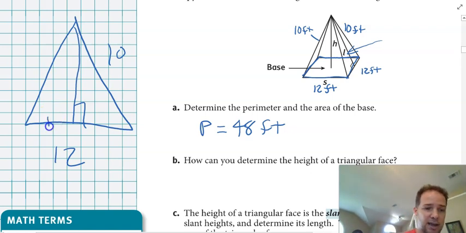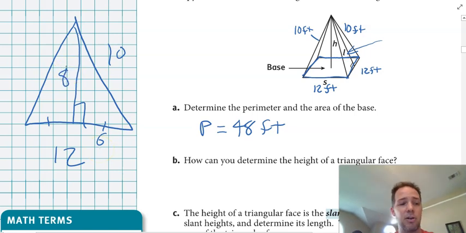So if I cut this in half, each one of these is 6. Do Pythagorean theorem, 100 minus 36, 64, so 8 would be this side right here. So L will be representing the height of the triangles on the lateral surfaces, and that will end up being 8 feet on there.